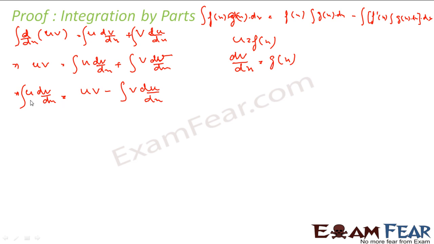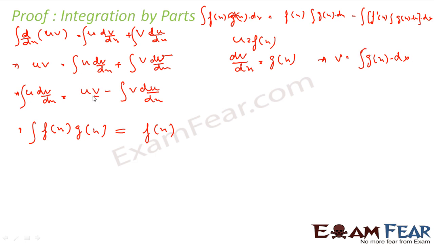If you see, this will become integration of u, which is nothing but f(x), and dv by dx is g(x), is equal to u, which is f(x). If dv by dx is g(x), my v is nothing but integration of g(x) dx.